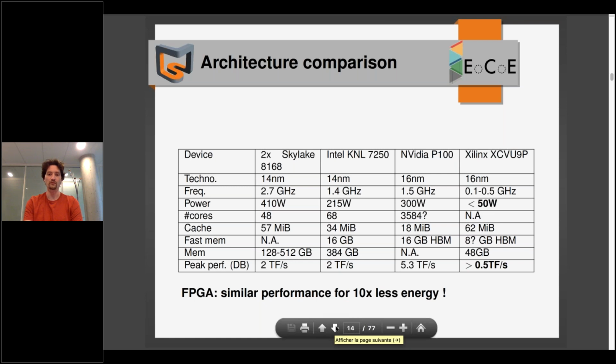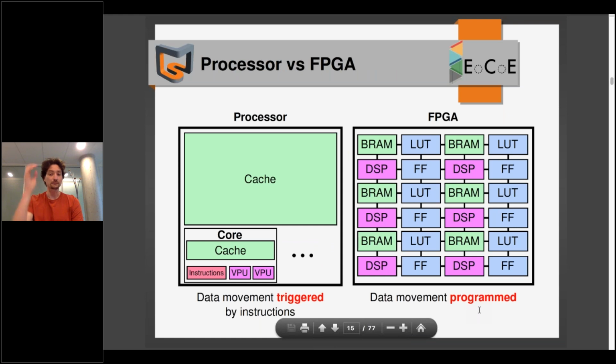That would matter when we are talking about exascale computing, where energy is really a crucial challenge. So this kind of hardware can definitely help there. So what is an FPGA?